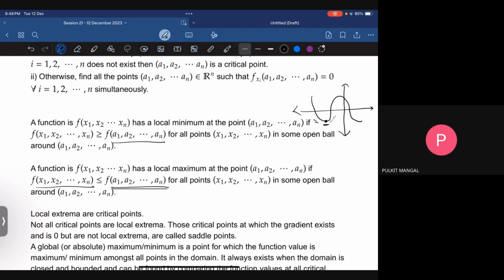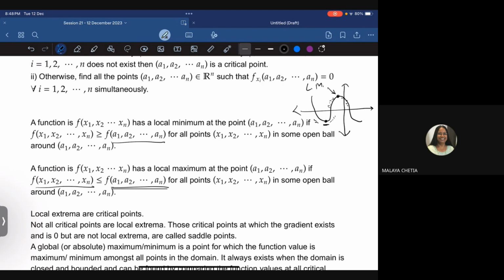Whatever point you take around it would have a smaller function value. So this would be considered a local maximum, while this can be considered a local minimum.